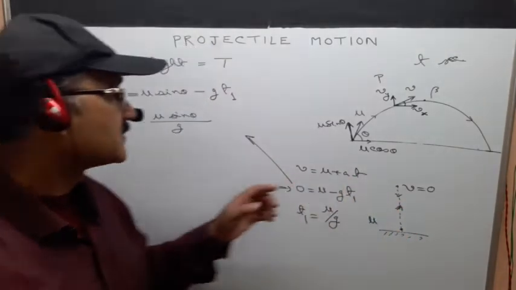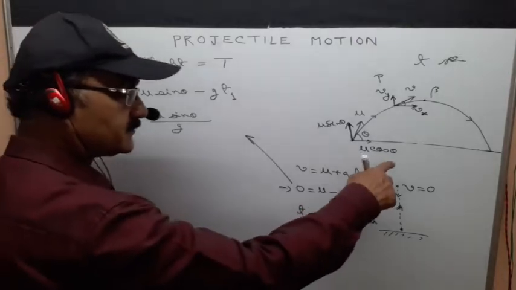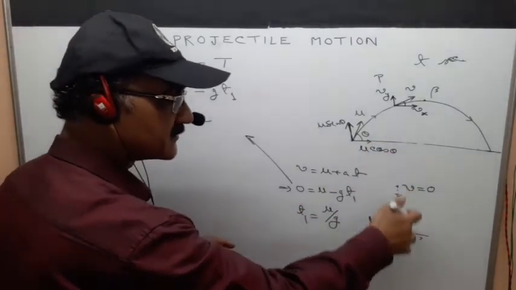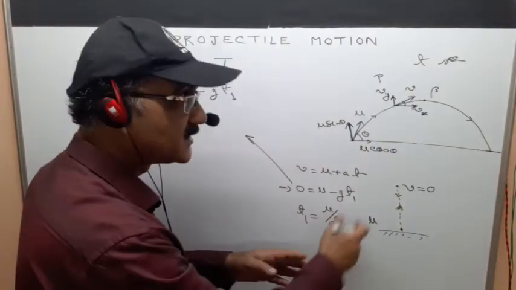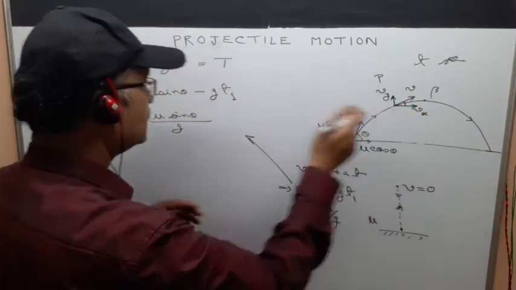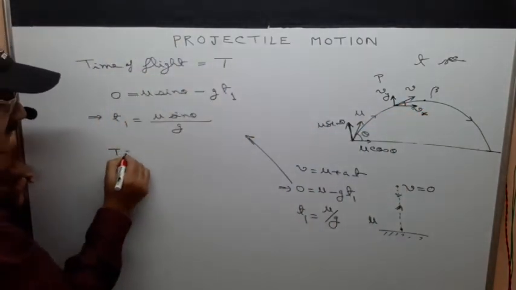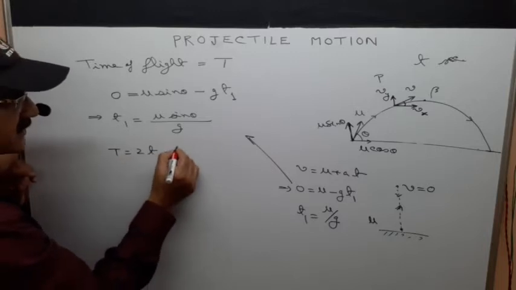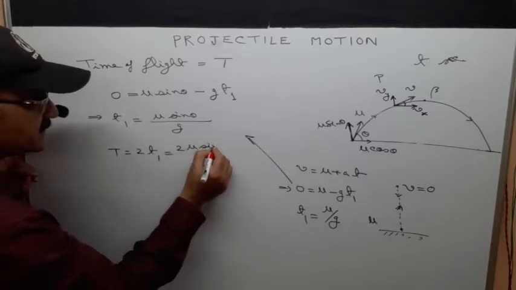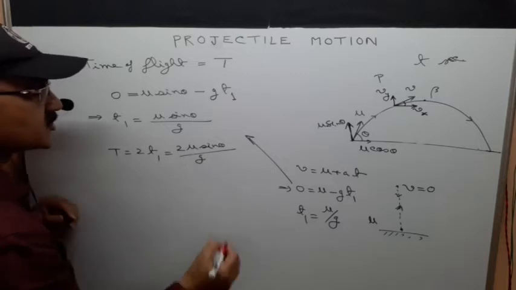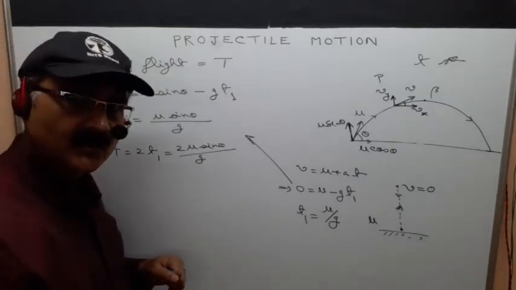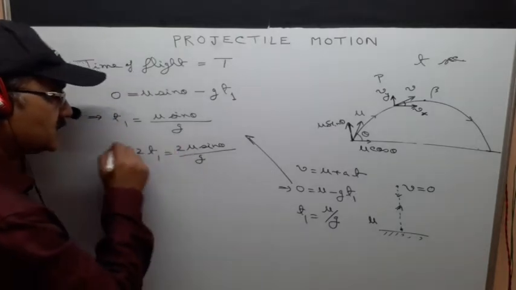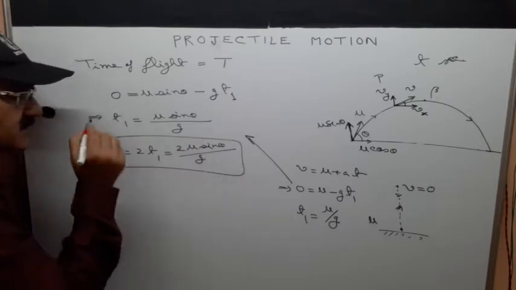So if it takes t1 seconds to go up, total time of flight will be twice t1. Similarly, here also the total time of flight will be twice t1, that is 2u sine theta divided by g. So this is the equation for time of flight.